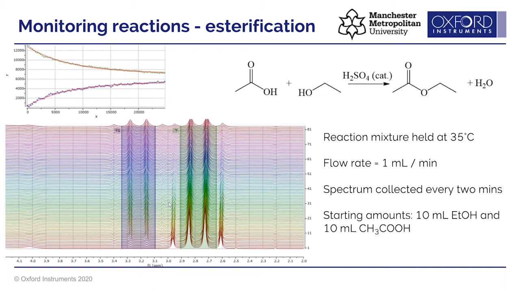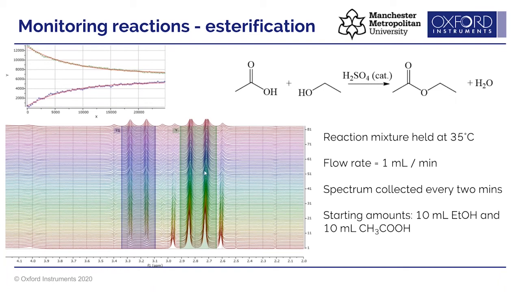Every spectrum was collected every 2 minutes, so each of these spectra is a 2 minute time increment. We can see initially that for the integral area shaded in blue, there is none of this material there. That is because it is the CH2 that comes from the ethyl chain of ethyl acetate, so at time 0 we don't have any of that in our system.